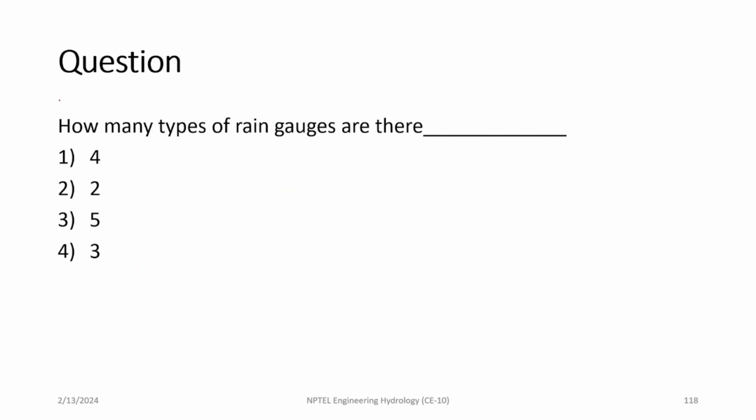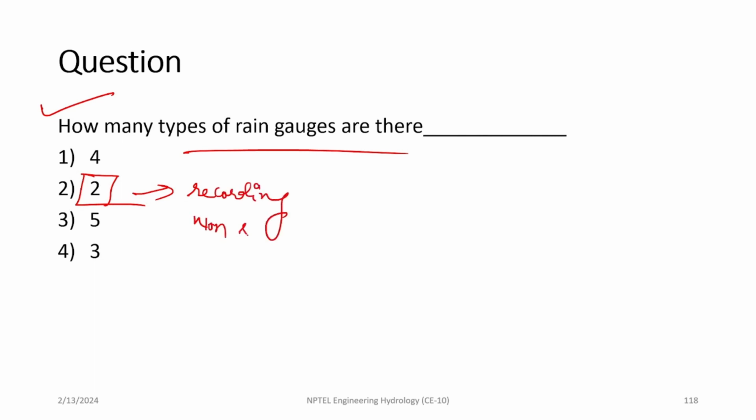Now the next question is, how many types of rain gauges are there? Two types. Yes, it is asking only about the major rain gauges. We have two kinds of major rain gauges, recording and non-recording. Now can you tell me the names of the recording gauges?